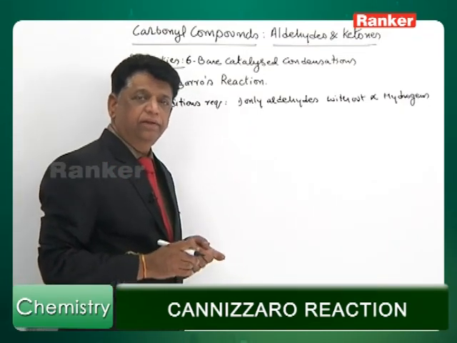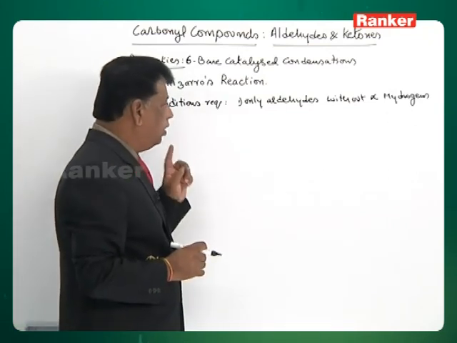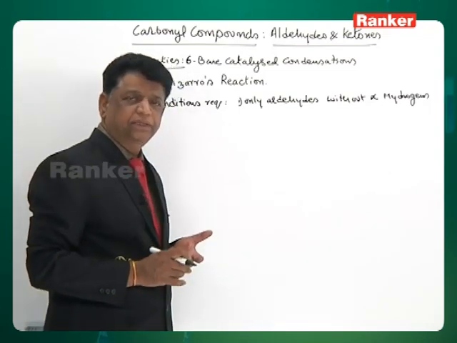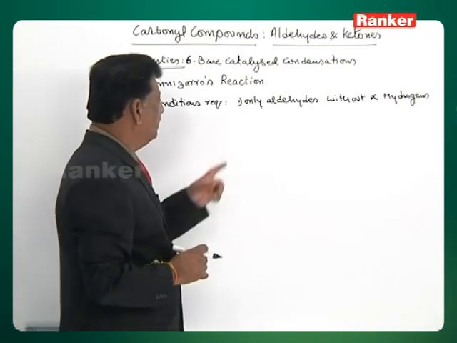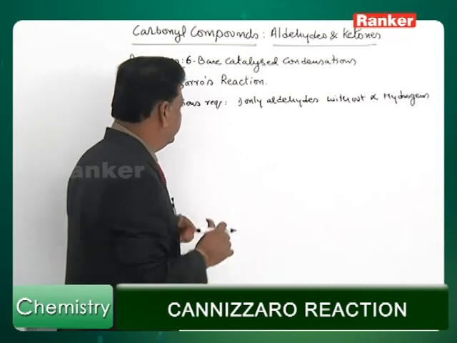In aldols, aldehydes as well as ketones both undergo, but here only aldehydes, because it is a mild oxidation. We have seen aldehydes readily undergo this oxidation. Therefore only aldehydes undergo this reaction, that too without alpha hydrogen.